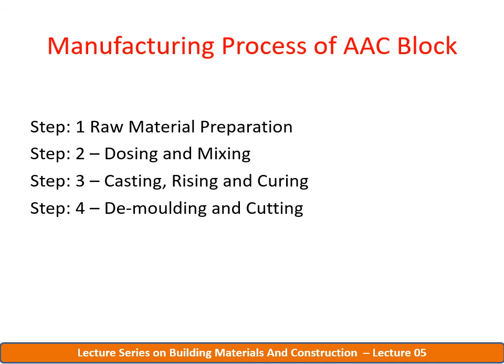Once mixing of all raw materials is done for a specified time, a mix is ready to pour in molds. So the dosing unit fills a set quantity of mix into each mold.